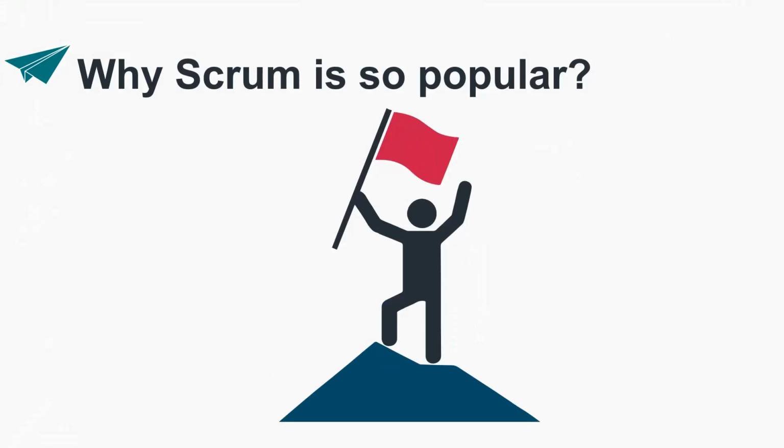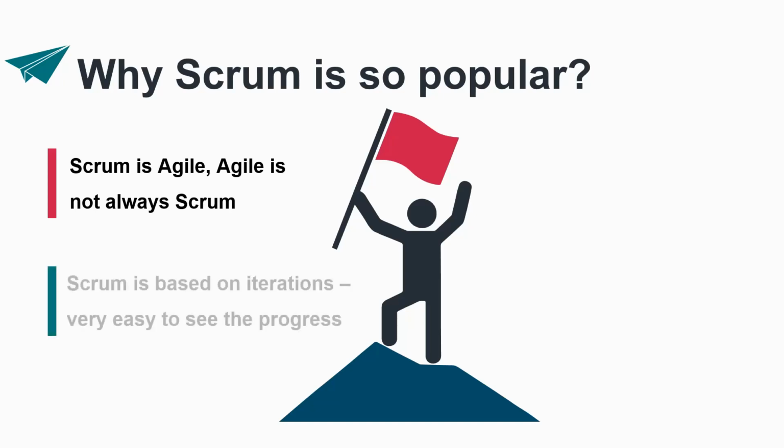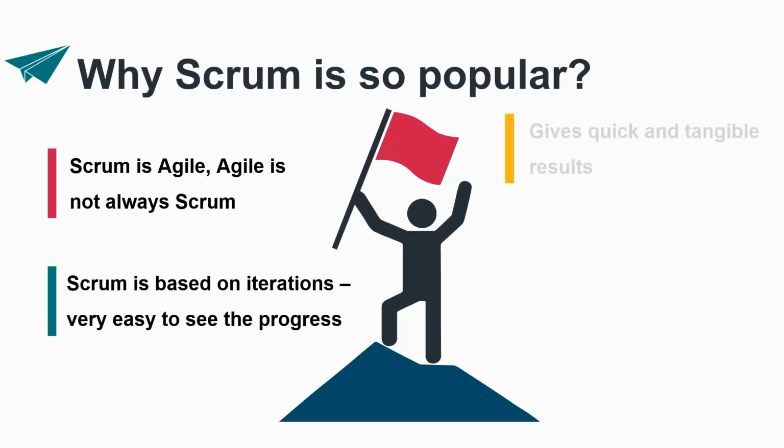So why is Scrum so popular? First thing we need to clarify right away is that Scrum is Agile, but Agile is not always Scrum. A lot of people often use these 2 terms interchangeably, but it's not always correct, because a bunch of other Agile methodologies exist out there, like Kanban, Lean, Extreme Programming, and etc. Scrum is based on iterations, so it's very easy to see the progress.